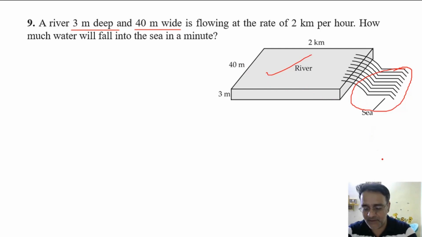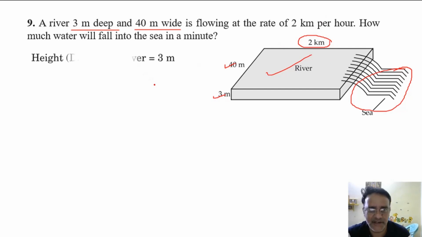Yes, you can imagine. The shape of the river is taken as cuboidal, in which the depth will be the height and the width will be the breadth, and we will take 2 kilometer in 1 hour as the length.